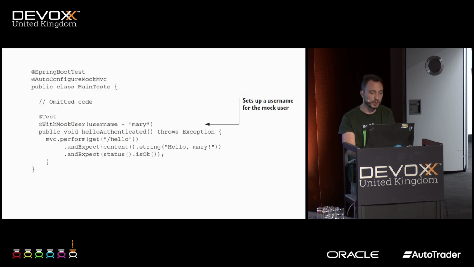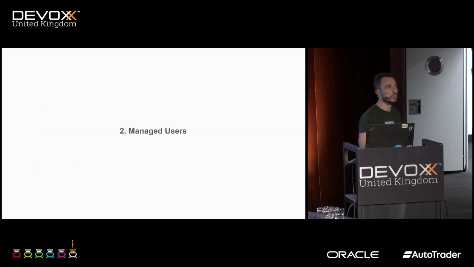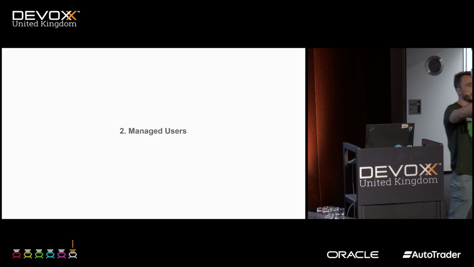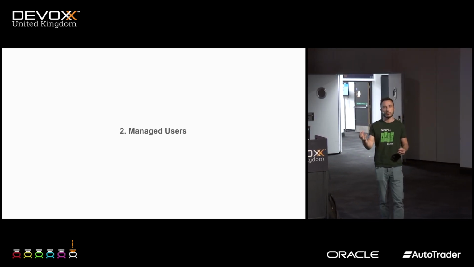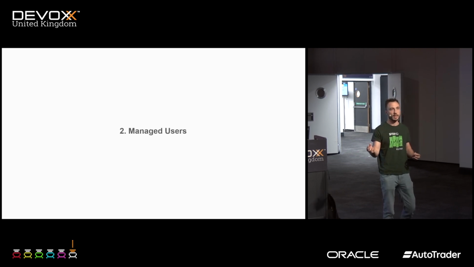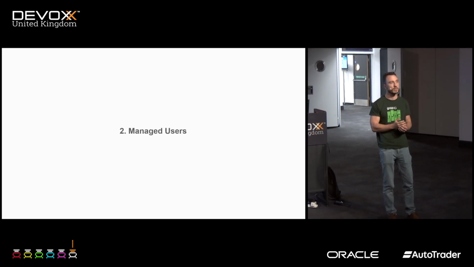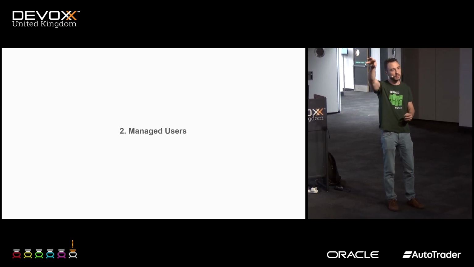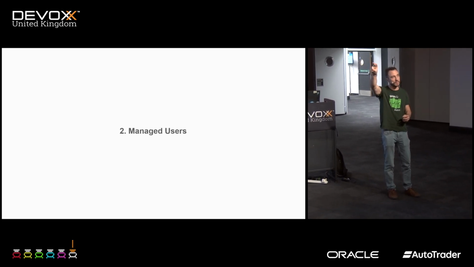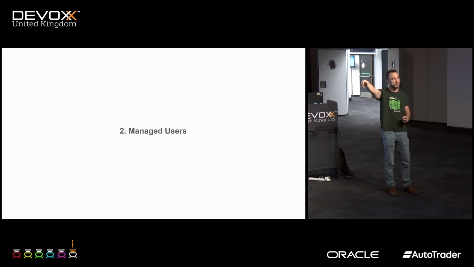The second approach, we use it when we want to get the managed user from somewhere. It's not as often used as the simple mock users approach, but Spring Security gives you the possibility to implement a component that finds the mock users it should use in a source, which can be a collection, an endpoint, a database.